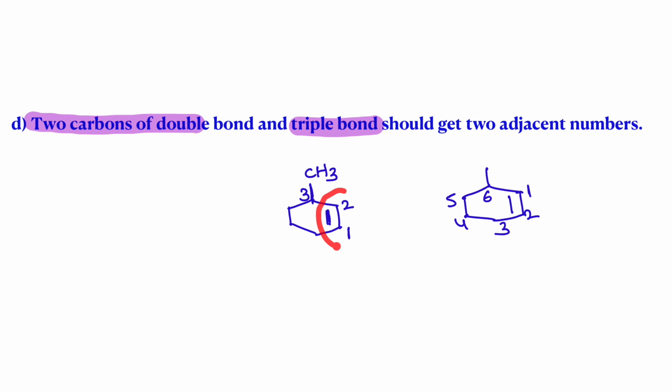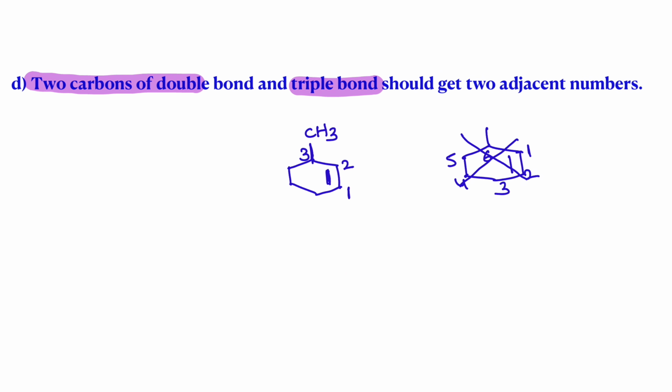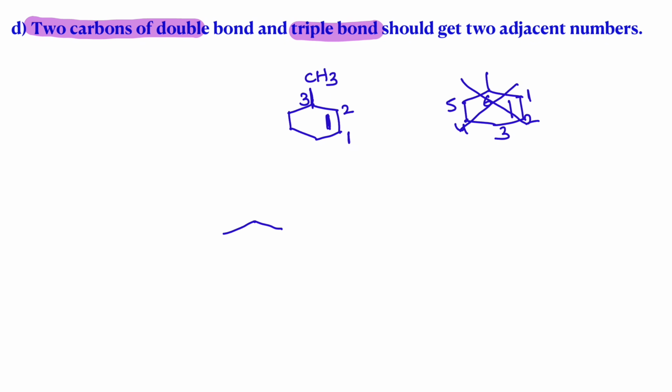When the functional group is getting the same priority, we have to consider the branch. Here the branch is getting third priority, here the branch is getting sixth priority, therefore this is wrong. This is wrong.